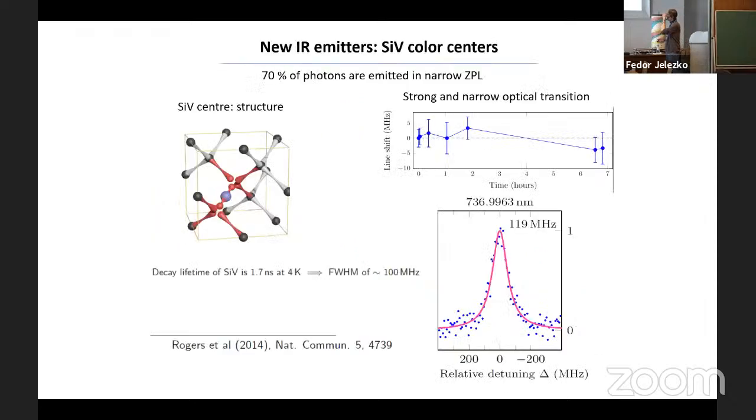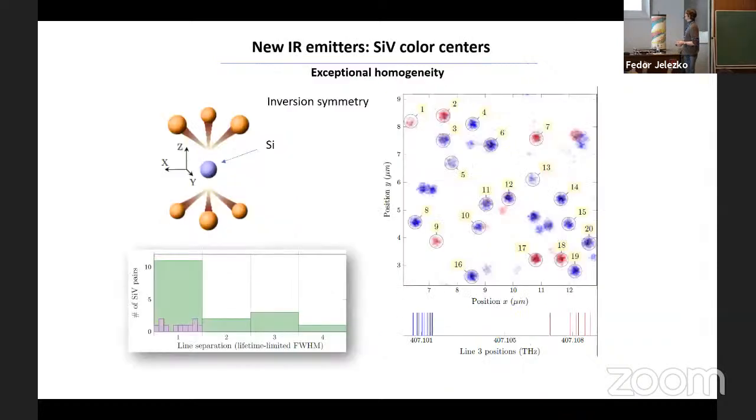We studied the robustness against strain and fluctuations for a very long time, over hours. They keep the frequency in the optical domain, not affected by any environmental imperfections.